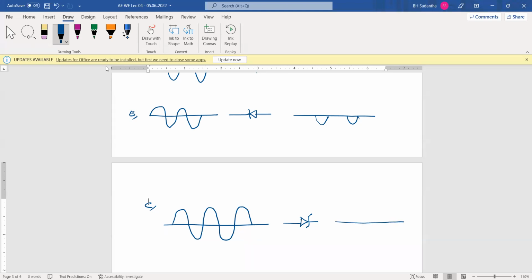During the positive half cycle, what will happen? It can go normal. During the negative half cycle, the diode will be reverse biased.